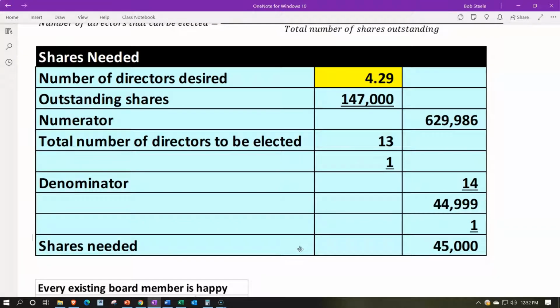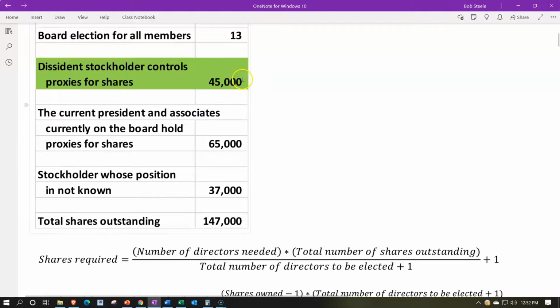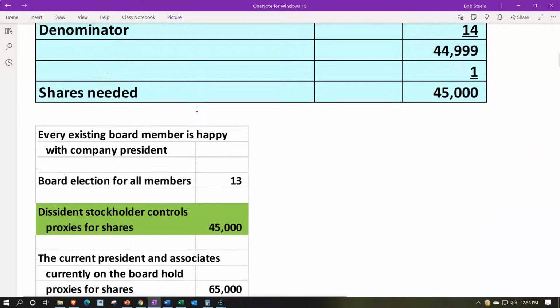Now, if this was in Excel, you can kind of back into this number using the goal-seek, asking Excel to please set this last cell, 45,000, to 45,000, which we know it should be, by changing this number, and you can kind of back into that cell. We do that in Excel if you want to work it that way. You can also just plug X into this formula and then solve for X to figure that out, or you can use the second formula, which we will do now.